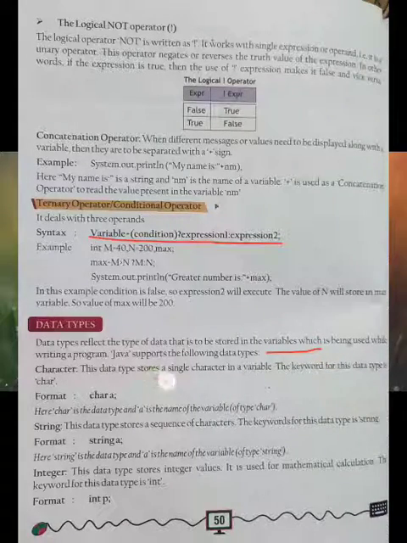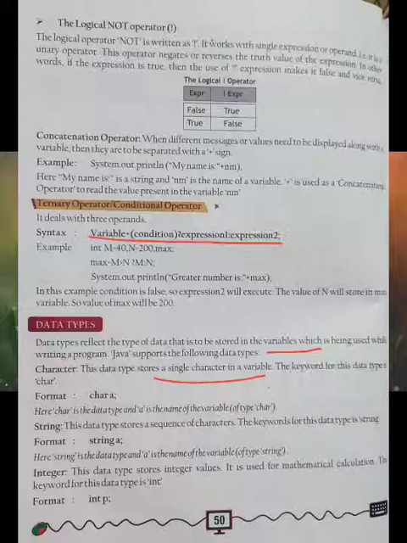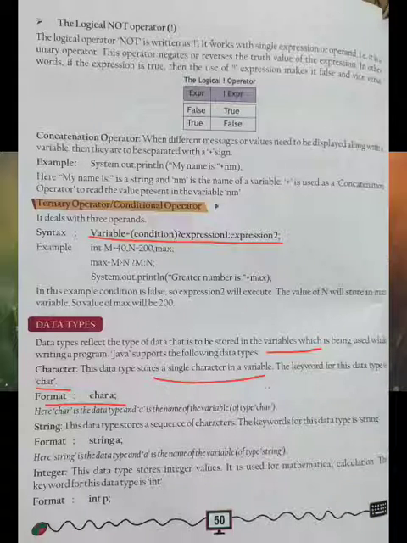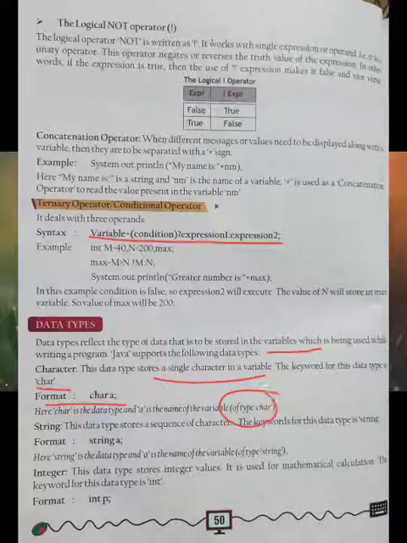The keyword for this data type is char. The format for declaring character data type is char a semicolon. Here char is the data type, a is the name of the variable of type character.